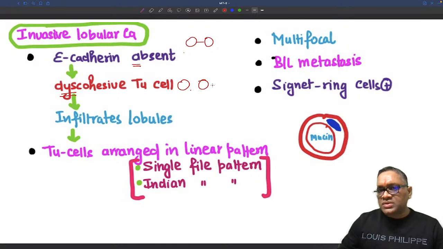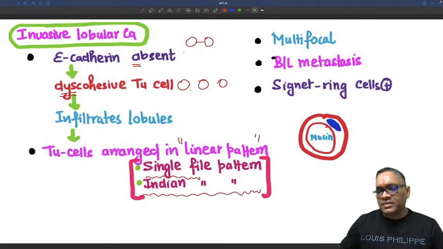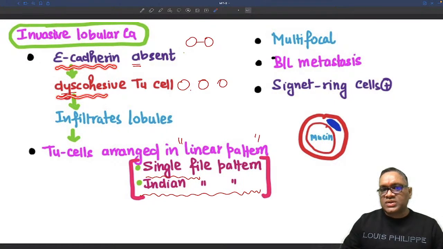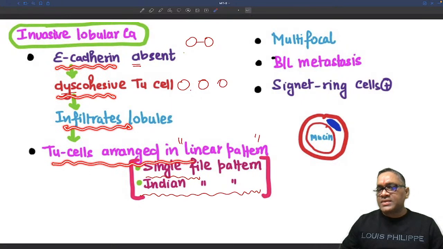Because of this, they will follow in a single line, and that is why the tumor cells are arranged in a linear pattern, which is called single file pattern or Indian file pattern. Now you understand? So because of lack of E-cadherin, discohesive tumor cells infiltrate the lobules and appear arranged in a linear pattern, which is single file pattern or Indian file pattern, right?